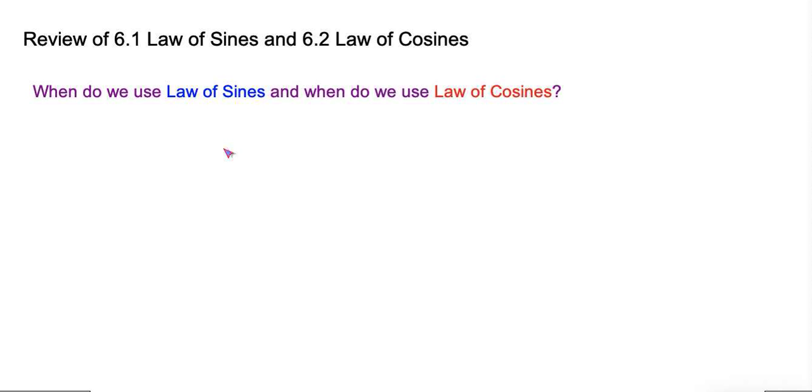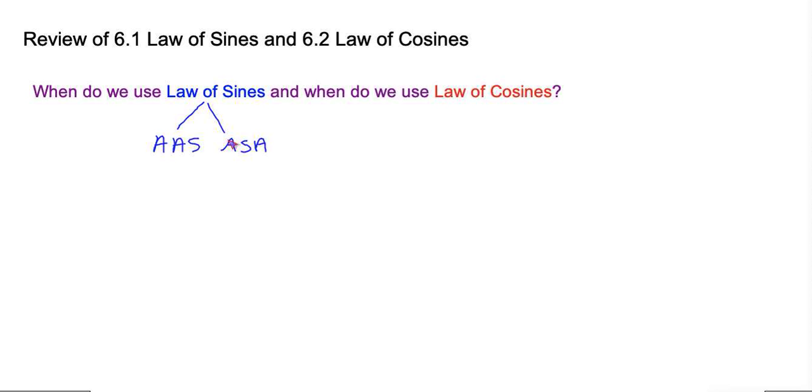Law of sines will apply when we have angle, angle, side, if we know two angles and a side that's not included. If we know angle, side, angle, that's two angles and the included side. So anytime we know two angles and a side, law of sines will apply.